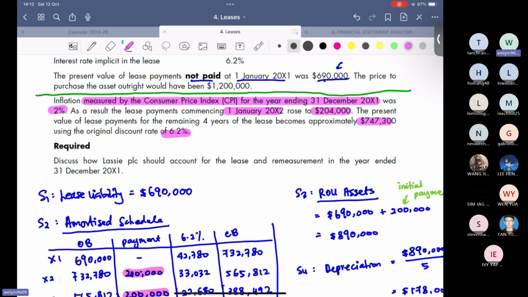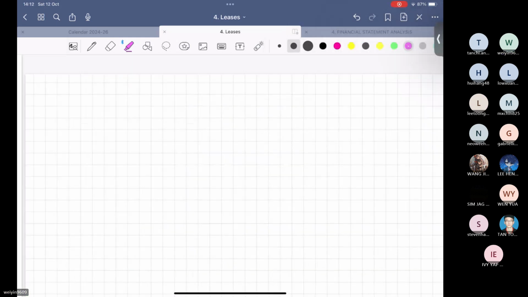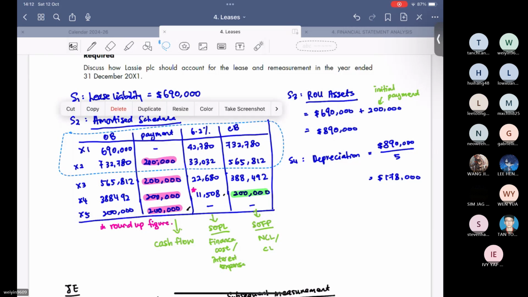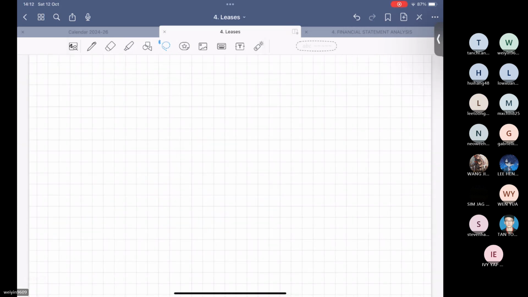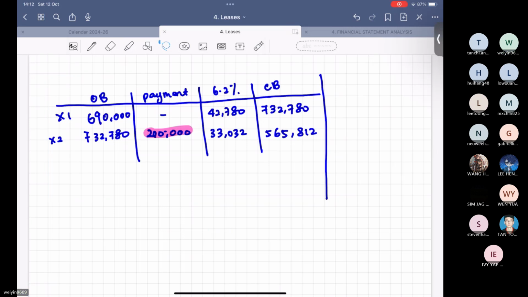So under these circumstances, according to the question, at the beginning of the year, the present value of the lease payment for the remaining 4 years becomes 747,300. So the beginning will become the closing.